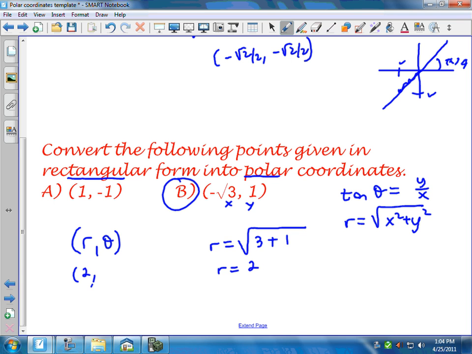The angle theta. So we're going to use tangent theta to get theta. So tangent theta equals what for this example? Y over x. In this case, it's going to be negative 1 over the square root of 3. Okay, at the moment, let's forget about the negative. If tangent theta is 1 over radical 3, what angle would that be?